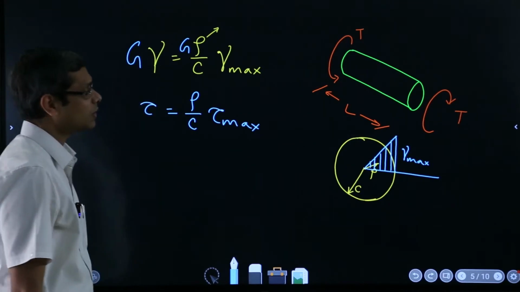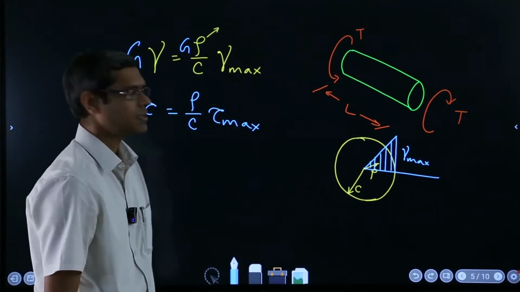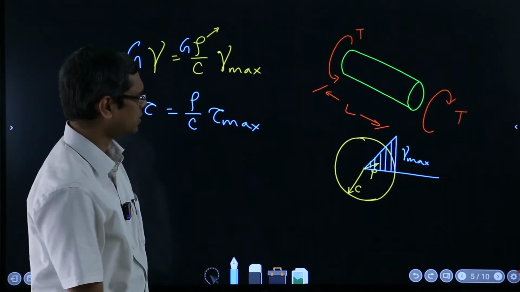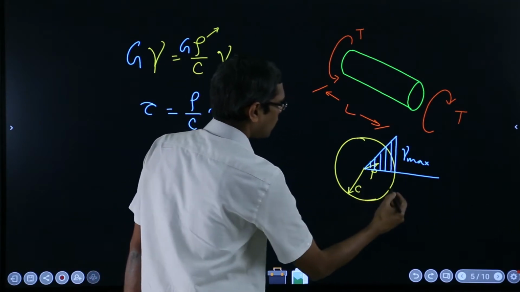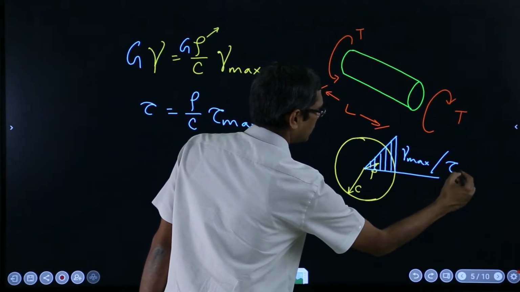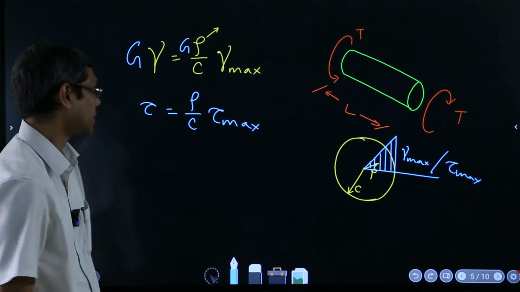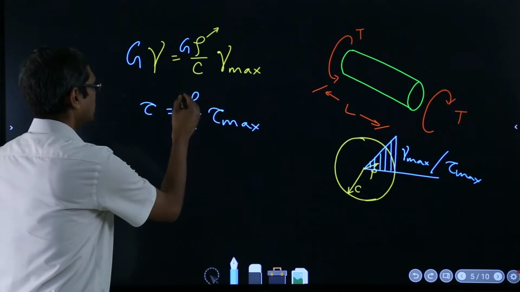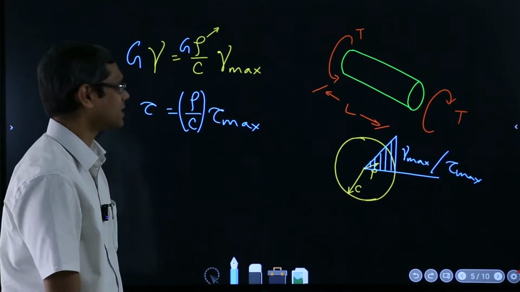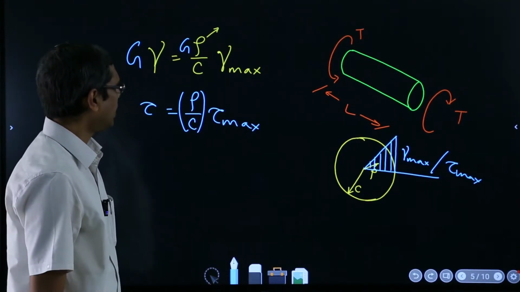So, now the same distribution, or I should say a similar distribution, just multiplied by a constant, which is the shear modulus. So, the variation of tau also is like that. In fact, the slope is the same. So, that is how it will vary.